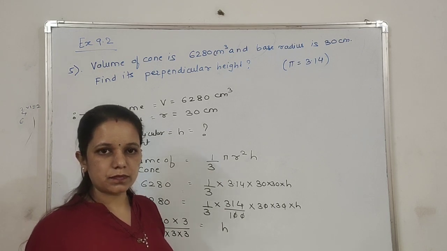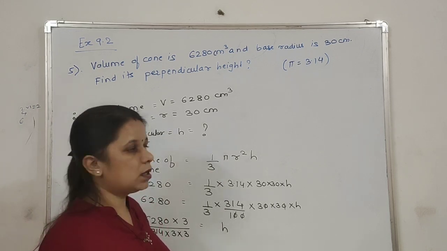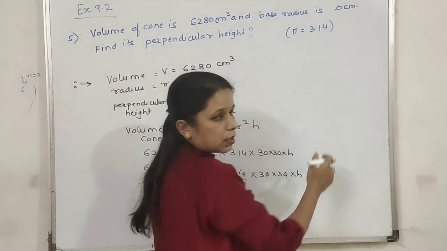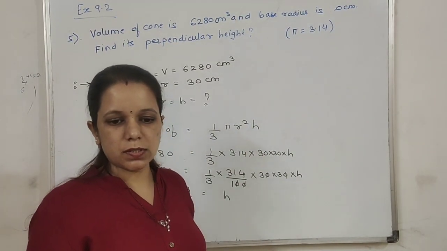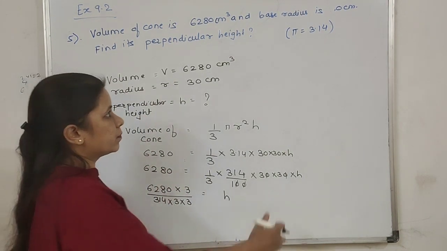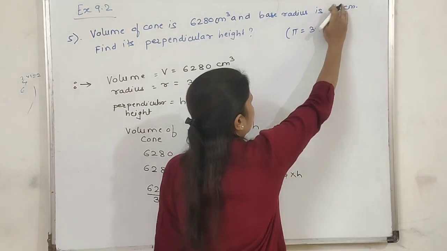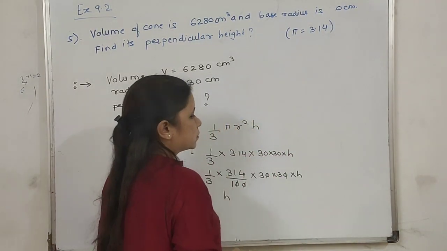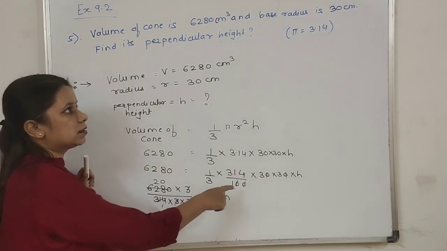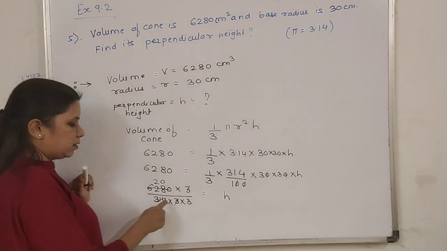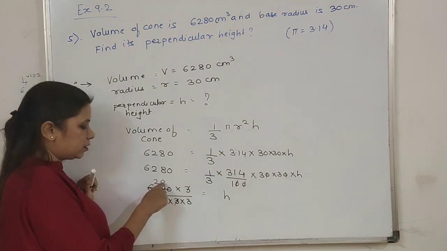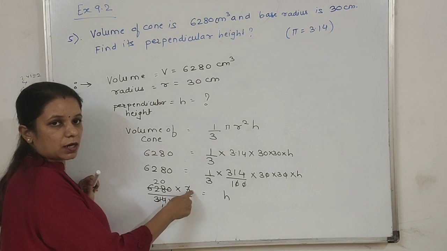Okay. So here, suppose there is some mistake in the calculation. If we take 30, then 314, 2s are 628, 0 as it is, 3 cancelled out with 3.